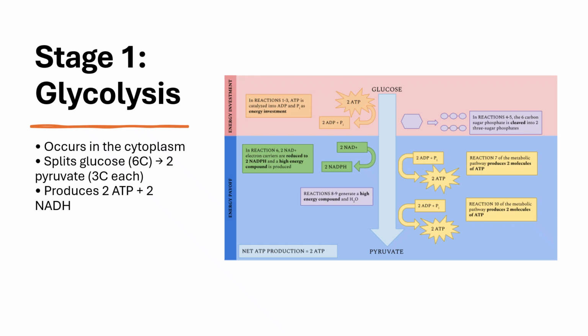Along the way, you also net two ATP and two NADH, your cell's early energy recruits. Think of it as the warm up before the big energy game inside the mitochondria. Even though it's small, glycolysis is indispensable. Without it, the rest of the chain can't even start singing.